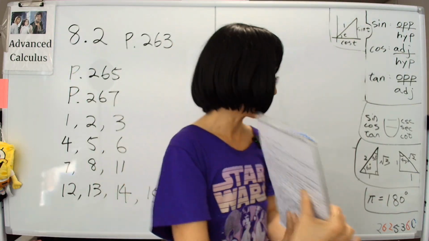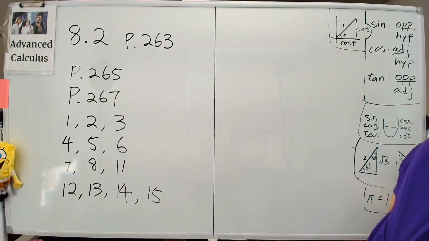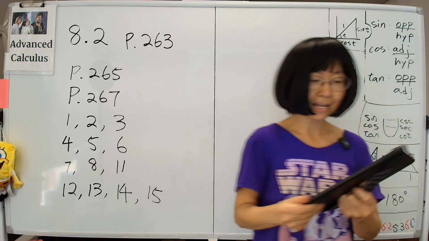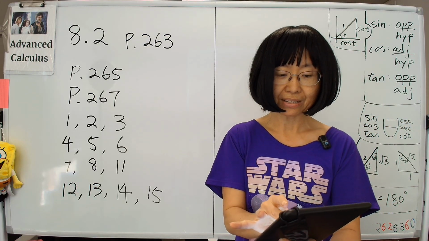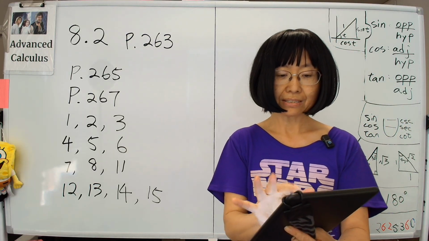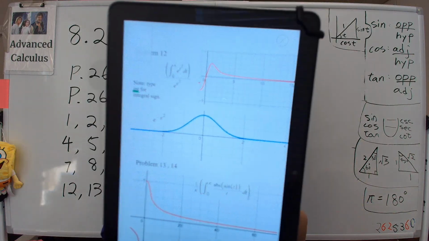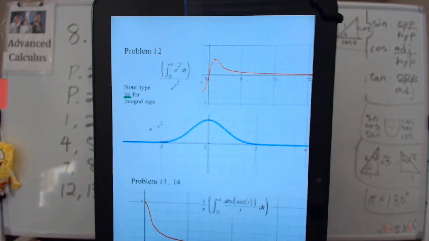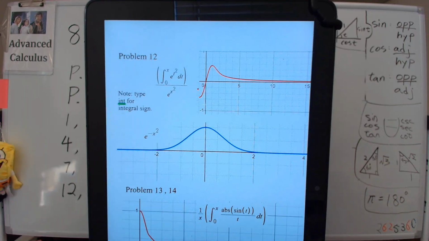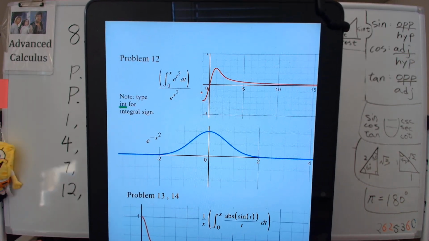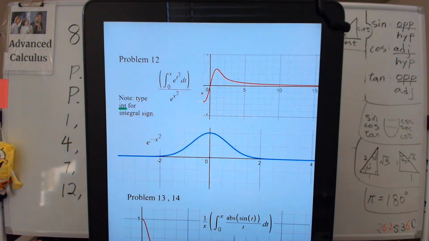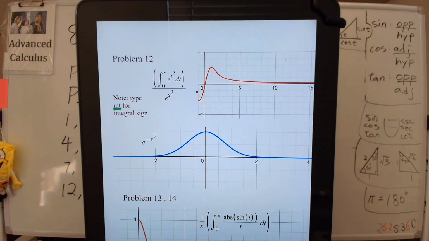That does not have the answer at the back of the book, but I have it plotted out right here. I will show you problem 12 right here on top. As you can see, the Desmos calculator is able to plot the definite integral formula.